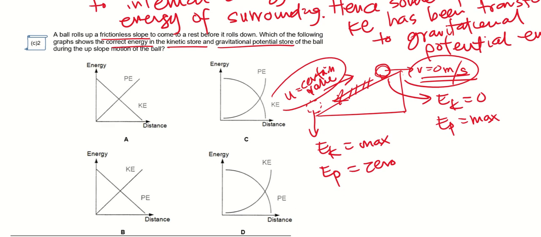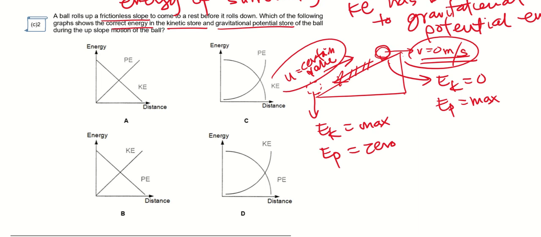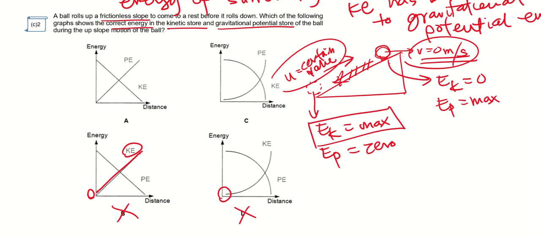Initially the EK must be max. That means B is wrong because initially KE is 0. D is wrong as well because initially KE is 0, but we determined that if the ball is to roll up, the initial speed must have a certain value, so EK cannot be 0.